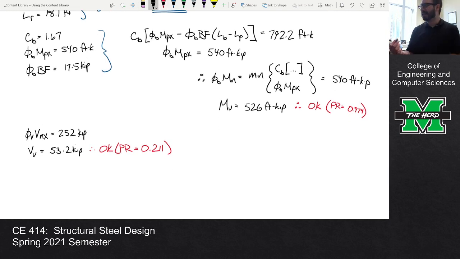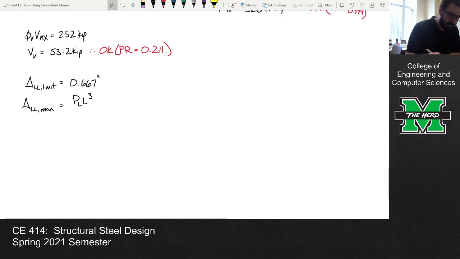And then lastly, if we want to compare our deflection limit of 0.667 inches against the actual deflection of PL cubed over 48 EI, what we would do is do that deflection calc all over again, 65 kips times 20 feet, use the actual length, not the unbraced length.